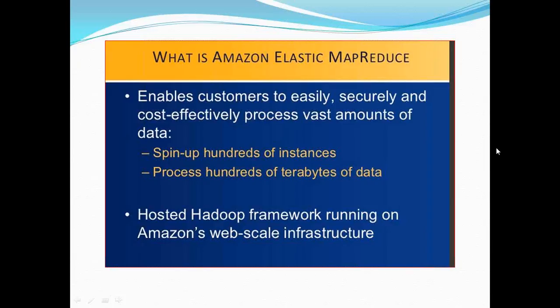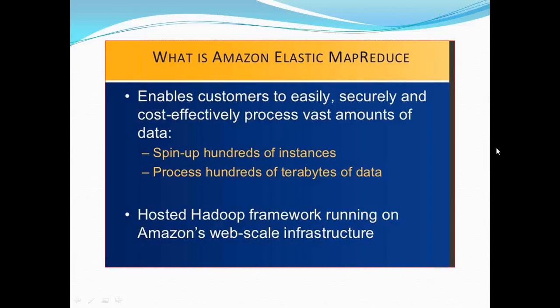And Elastic MapReduce in turn is basically an infrastructure where Hadoop is already installed, and it's managed by the Amazon cloud itself. For the capacity, you just have to request, as you will see, the number of instances that you want running, and it will simply give you that number.